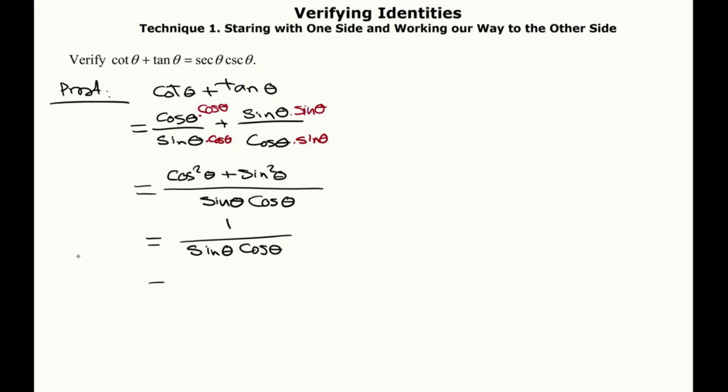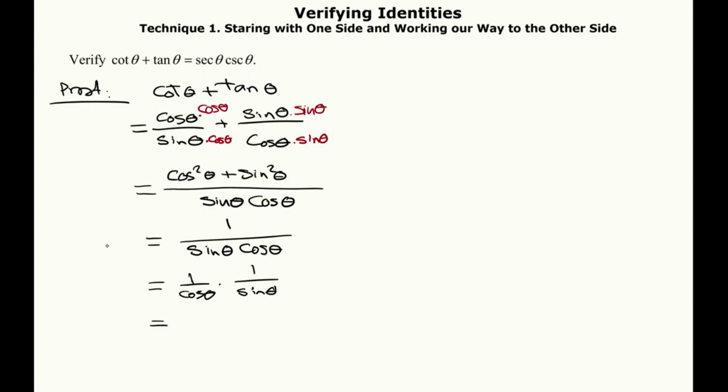If I just break that up, I notice I want secant first and then cosecant, so I'm going to write 1 over cosine theta first and multiply that by 1 over sine theta. Notice that this is just a rewrite of the previous line, and they have the exact same expression in them.